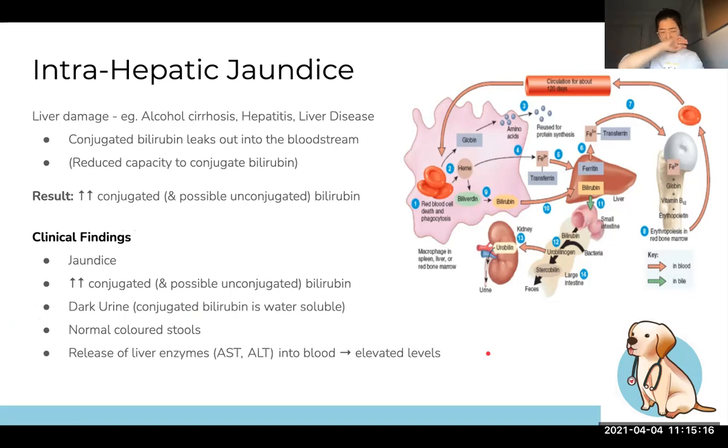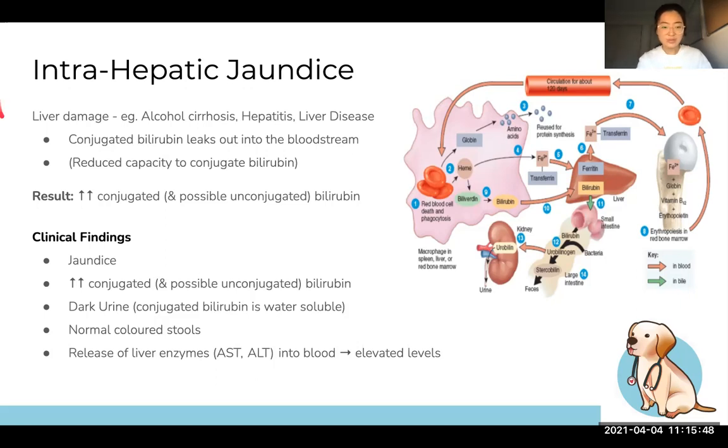And then you've got your intrahepatic jaundice. So this is where you have some kind of liver damage going on, either alcoholic cirrhosis is one, you've got your hepatitis, or just generally some kind of liver disease, and that's going to cause death of your hepatocytes. And remember, hepatocytes are what essentially convert your unconjugated bilirubin into conjugated bilirubin. So if you have your hepatocytes dying, then you are going to get that conjugated bilirubin leaking out.